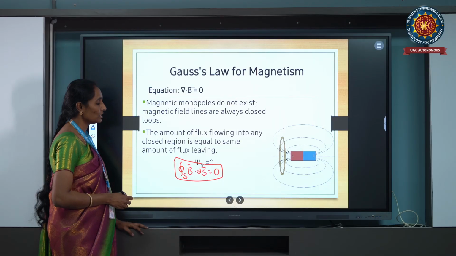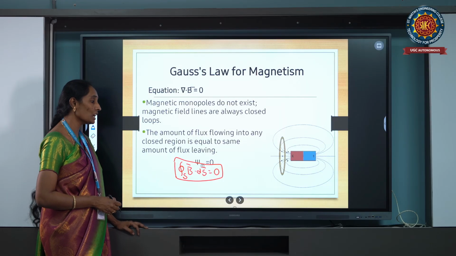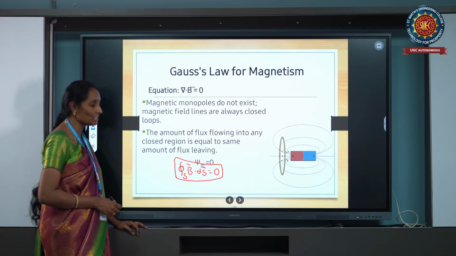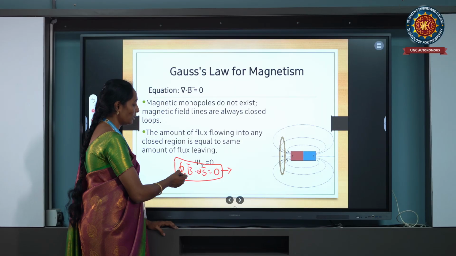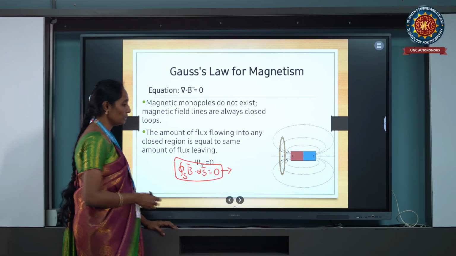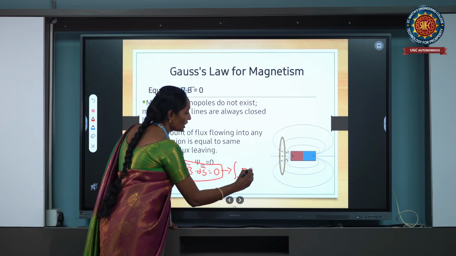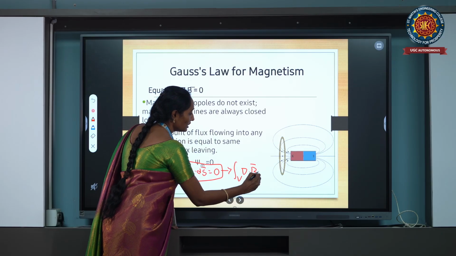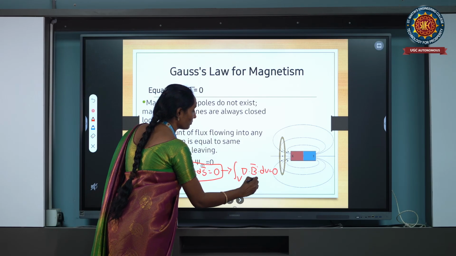After that, this equation is represented in the differential form. Here also we are applying the divergence theorem. Whenever we apply the divergence theorem, the closed surface integration can be converted into volume integration. That is, the volume integration of del dot B bar dV is equal to 0.